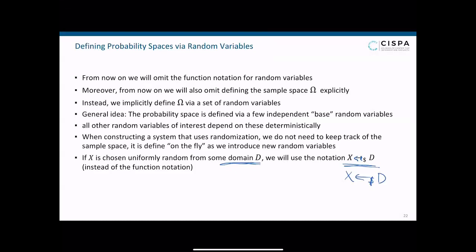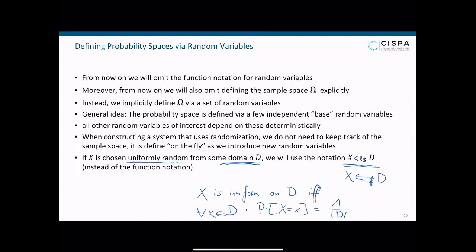Uniformly random, which is also written here, we say that X is uniform on some D if and only if for all lowercase x in this set D, we have probability X equals x is 1 over the size of D. Means every possible outcome has the same probability.